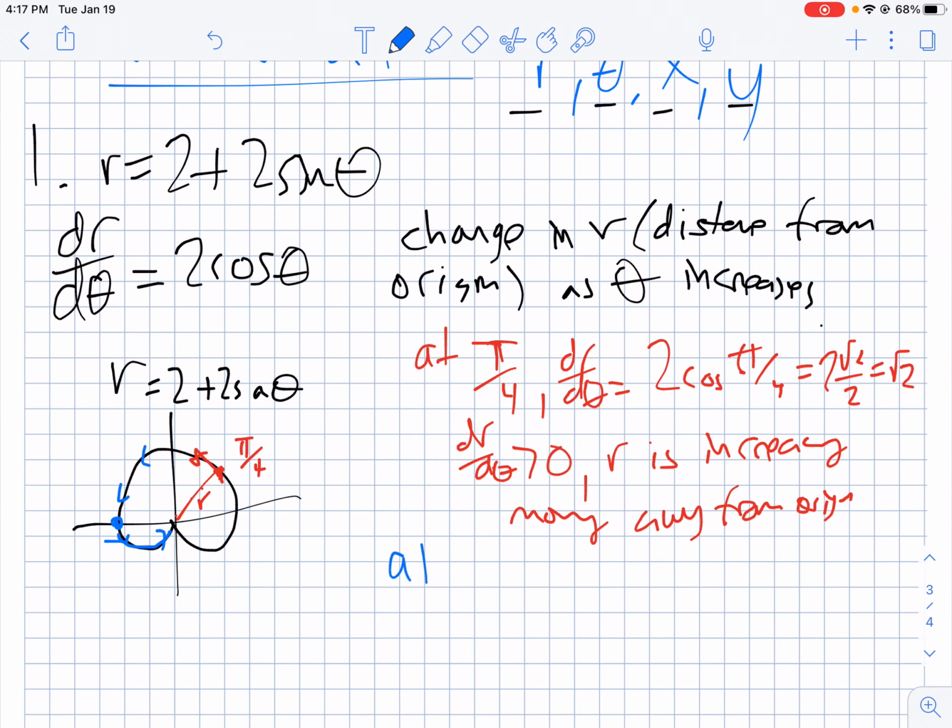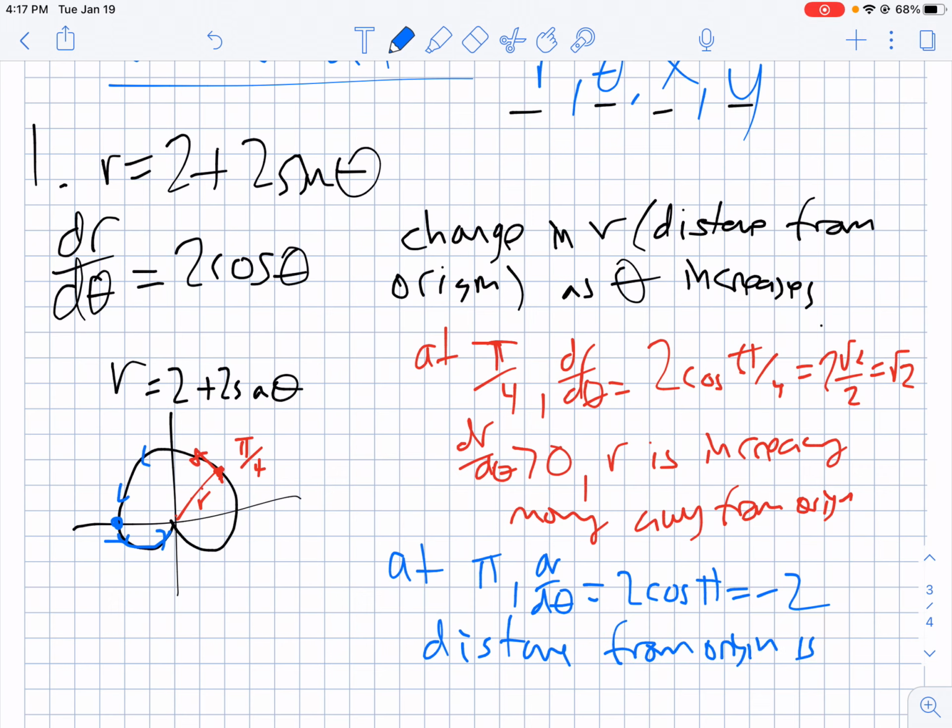So at pi, dr d theta is equal to 2 cosine of pi, which is negative 2. What that means is the distance from the origin is decreasing. We're getting closer to the origin. So that's the meaning of dr d theta. It's just talking about the distance from the origin, whether getting closer or further.